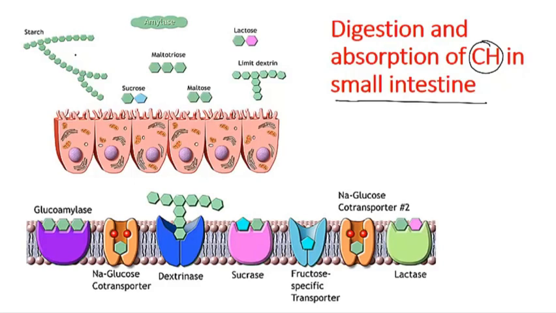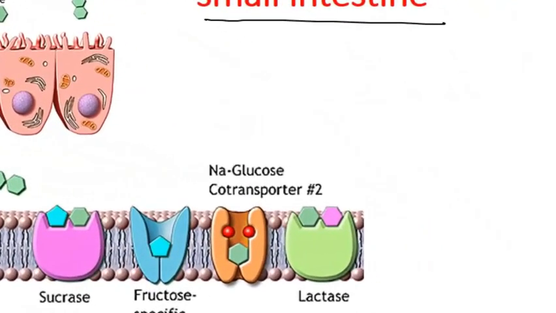These enzymes work in the duodenum, which is the start point of the small intestine. And there are intestinal cells known as the brush cells. So this is known as the brush border of the cells. For the digestion, these brush border enzymes complete the process of carbohydrate breakdown into monosaccharides.